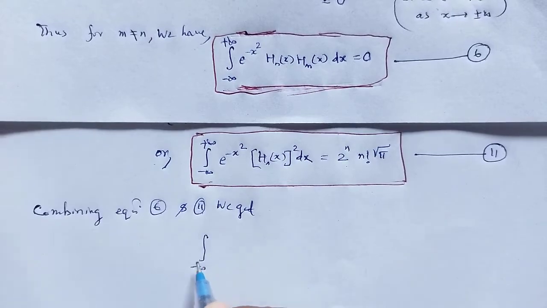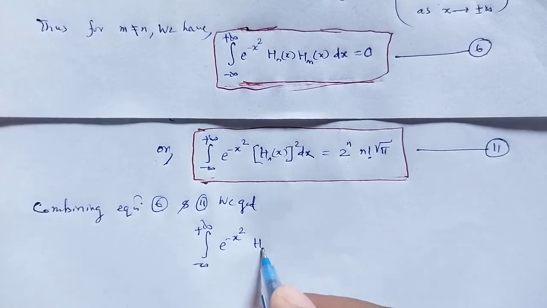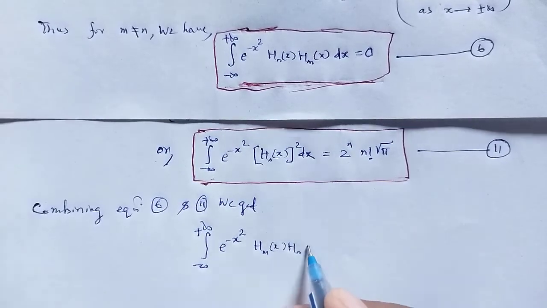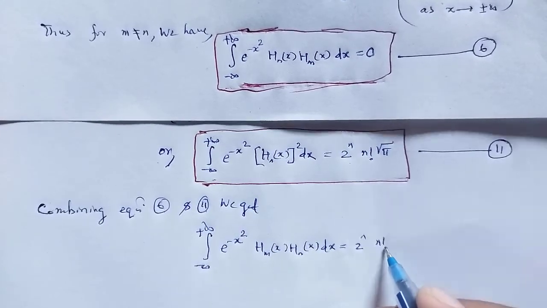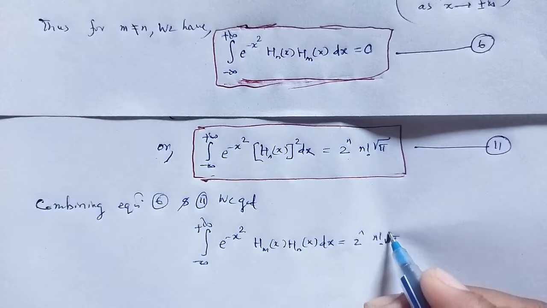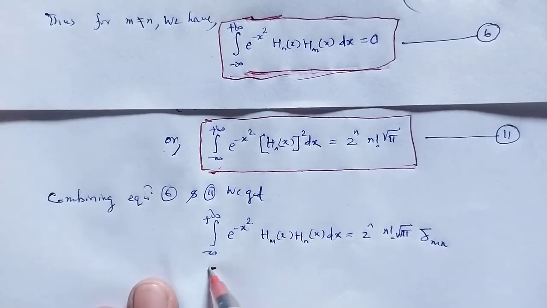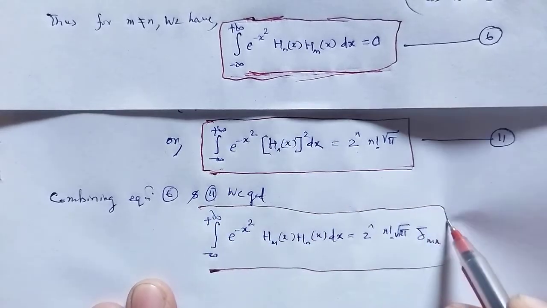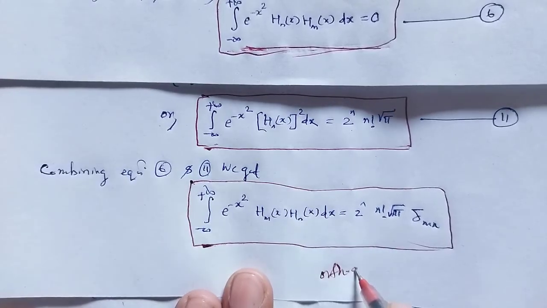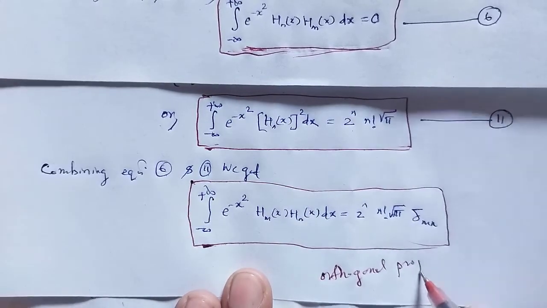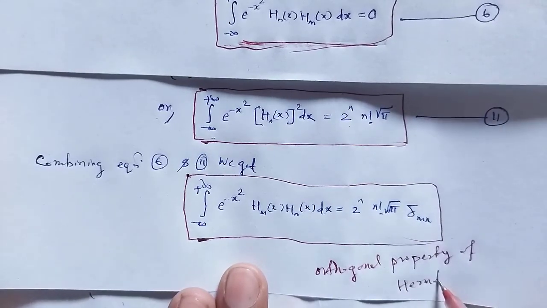That means integration from minus infinity to plus infinity e to the power minus x square Hm(x) Hn(x) dx is equal to 2 to the power n, n factorial root pi delta of mn. This is the required expression, that is the orthogonal property of Hermite polynomials.